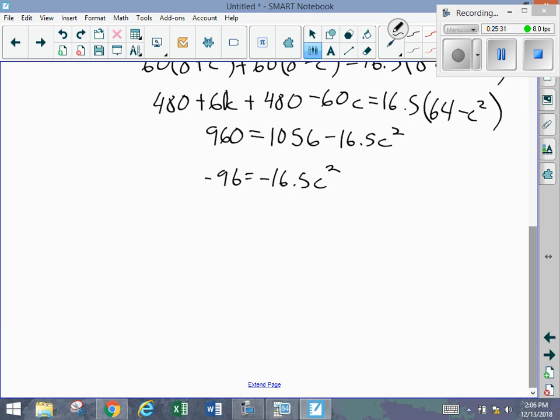I will divide both sides by 16.5. 96 divided by 16.5.